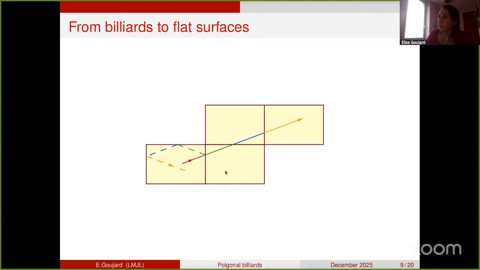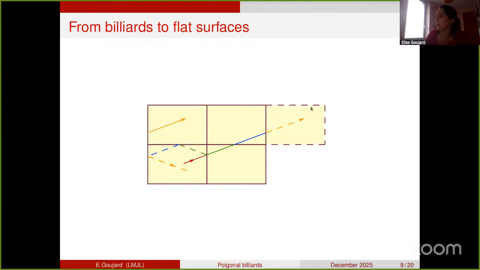So if you consider only 4 reflected copies, the other reflected copies are just translated copies of these 4 ones. For instance, here, this copy is just a translated copy of this copy. It basically corresponds to the same direction in the original, the starting table. So you can just say, I will study the finite number of copies that I need, and the other copies are just translated copies.